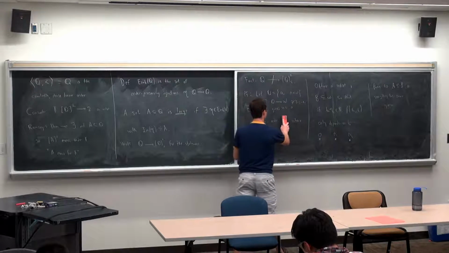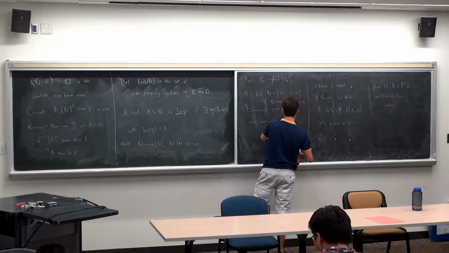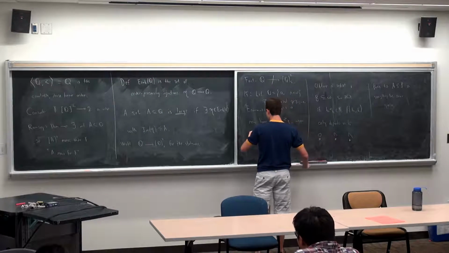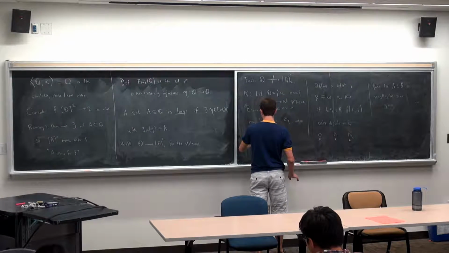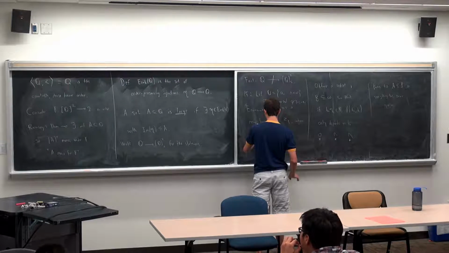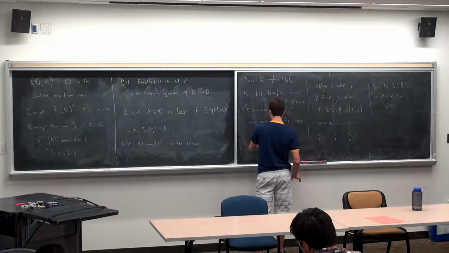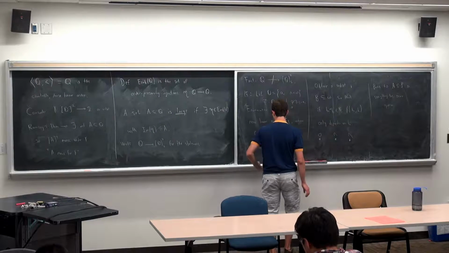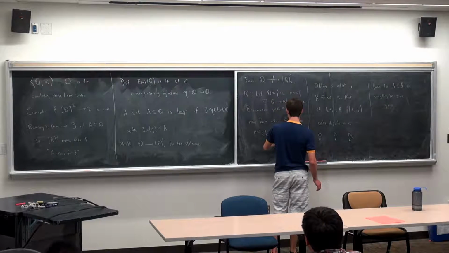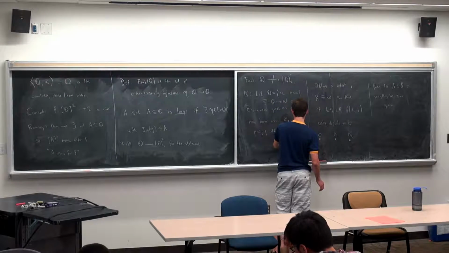So it has a name. Now I'm going to give this order phi, where p is order phi less than q if and only if phi of p is less than phi of q.